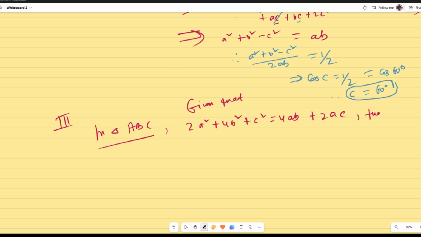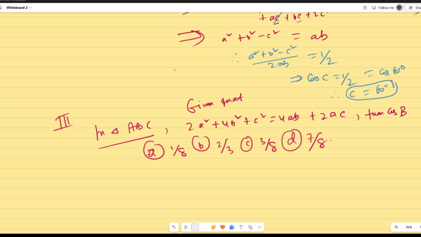Then like previous sum, cos B will be, first option 1 by 8, 2 by 8, 3 by 8, 7 by 8.